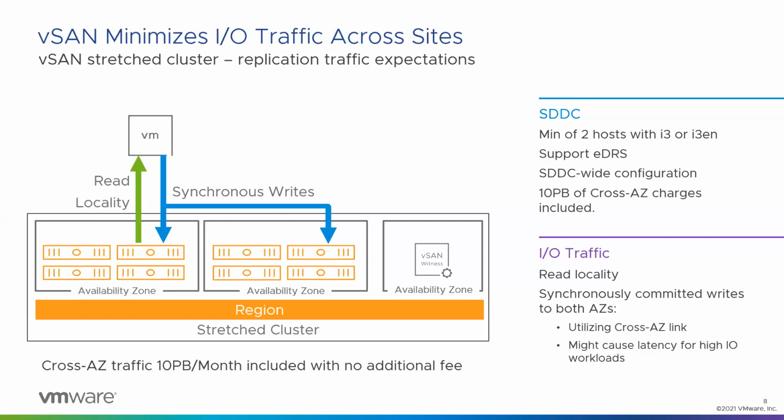First of all, understand that stretch cluster might have some performance impact on your workload. You need to do performance testing during your proof of concept. The next one, you need to think about whether you would like to replicate all VMs across two sites. There may be some VMs that don't require replication across sites.